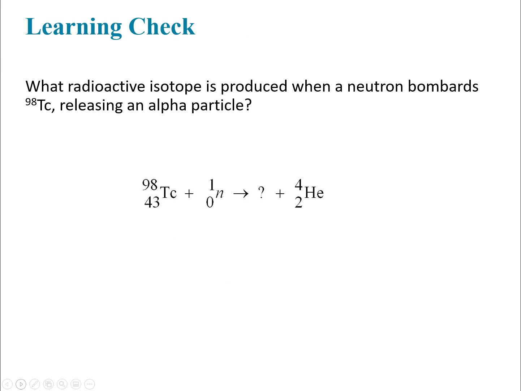So we've got a radioactive isotope produced when we bombard this element with a neutron. And what you have to do is figure out what that new element is. That means the mass number and the atomic number and the element symbol. It's the same process that we did for writing balanced equations.